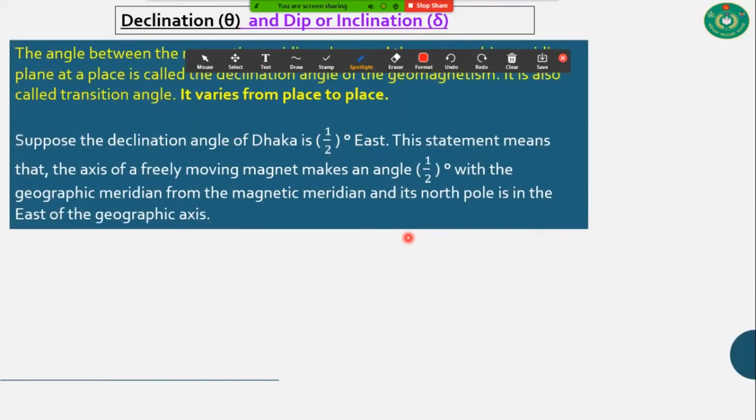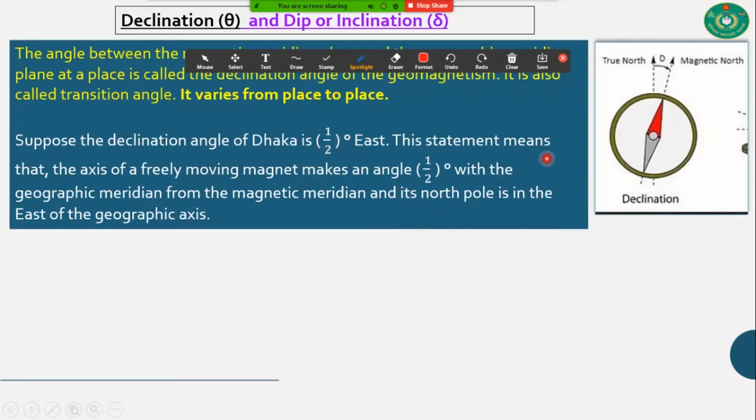The angle between the magnetic meridian and geographical meridian at a place is called the declination of the geomagnetism. It is also called the variation angle, and it varies from place to place. Suppose this is our figure, and this line is the indication of our geographical meridian, and this line is the indication of our magnetic meridian.